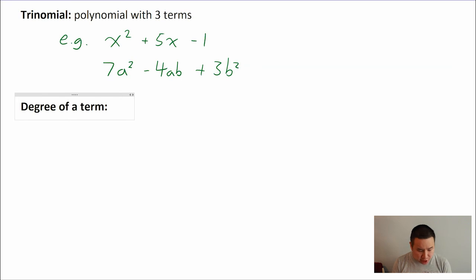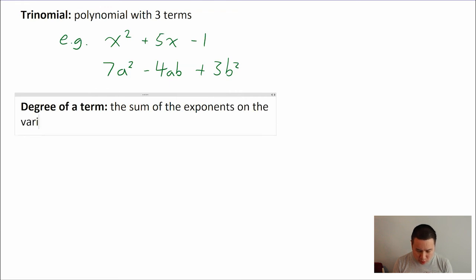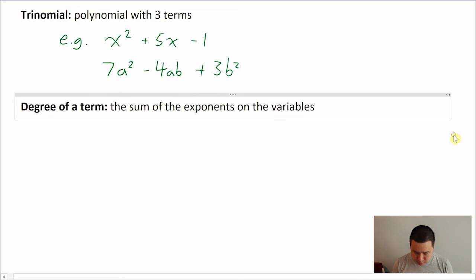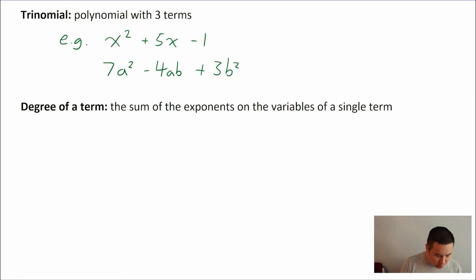So by definition, the degree is the sum of the exponents on the variable of a single term. So we're looking at the degree of a single term, and how many variables were stacked up on one another, and that's the degree. This will become a little more clear when I give you an example.